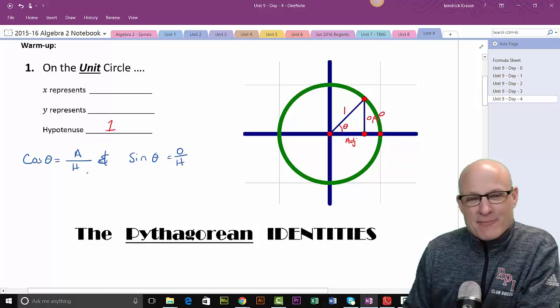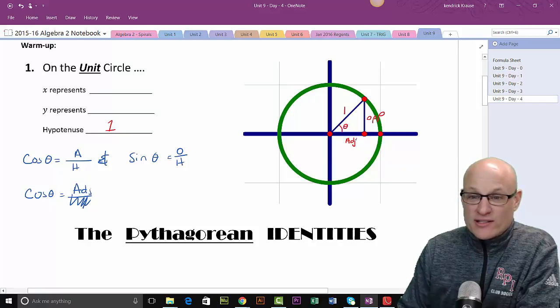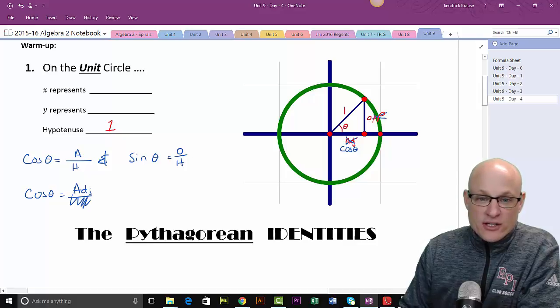If the hypotenuse is just 1, cosine theta equals adjacent over 1, so cosine theta is really just the adjacent side. Instead of calling this side the adjacent side, we could say this is really cosine theta. And if this is just 1, then isn't sine theta the opposite side?